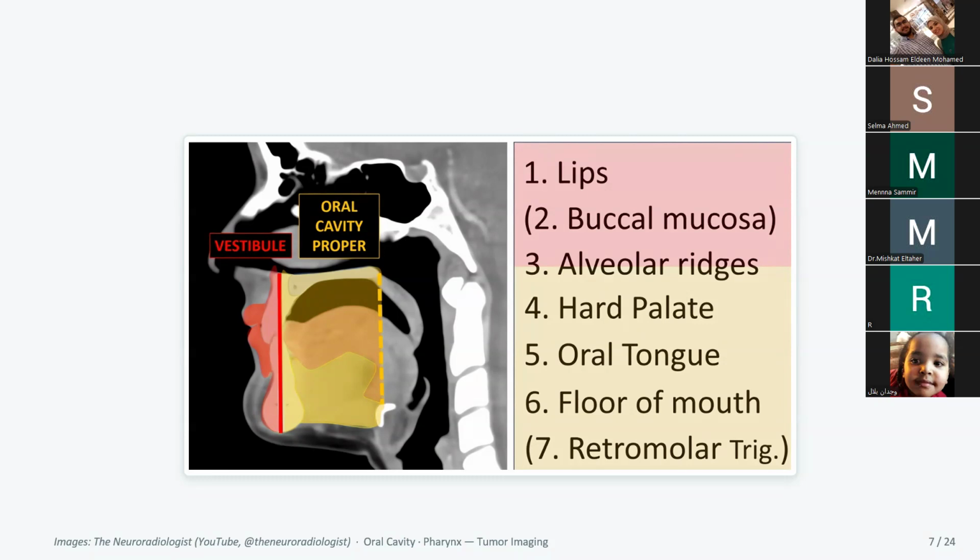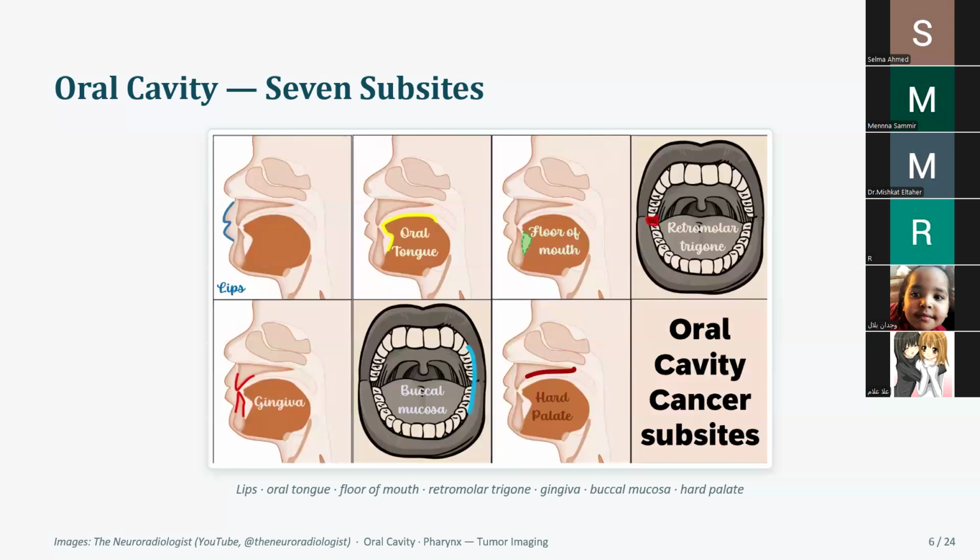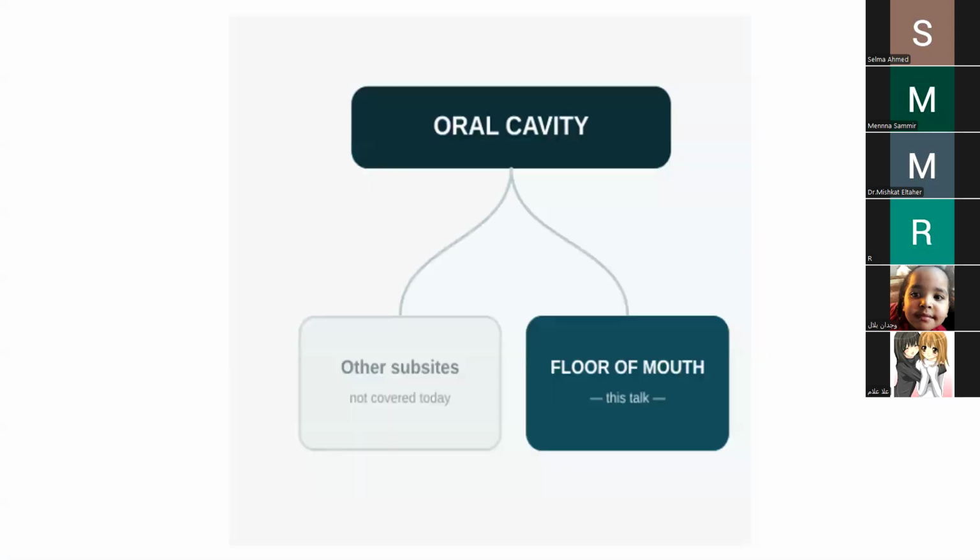So worth keeping the two separate when you describe where a lesion sits. The oral cavity proper is thus made of 7 subsites: lips, oral tongue, floor of the mouth, retromolar trigone, the gingiva, the buccal mucosa, and the hard palate. We have to recognize all these 7 subsites by name, but we are going to go deep on just one, the floor of the mouth.